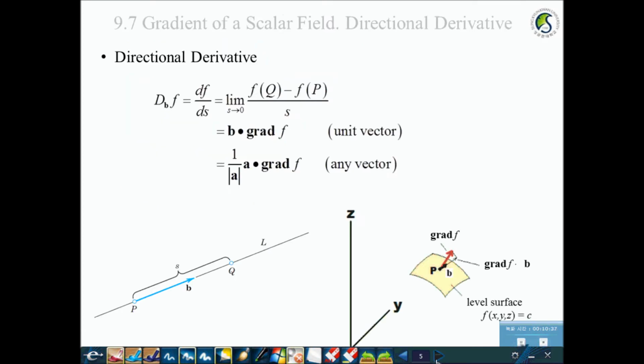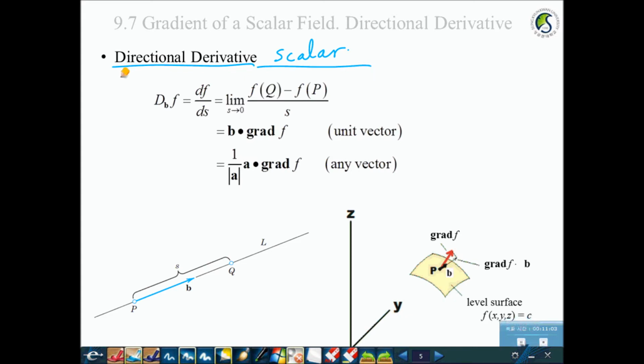And next. Okay. So I'm going to give you three more concepts about gradient. Okay. This is all about gradient. So you have to fully understand what gradient is. And I'm going to define a new name, directional derivative. Okay. This is a scalar. Gradient is a vector, but directional derivative is a scalar.